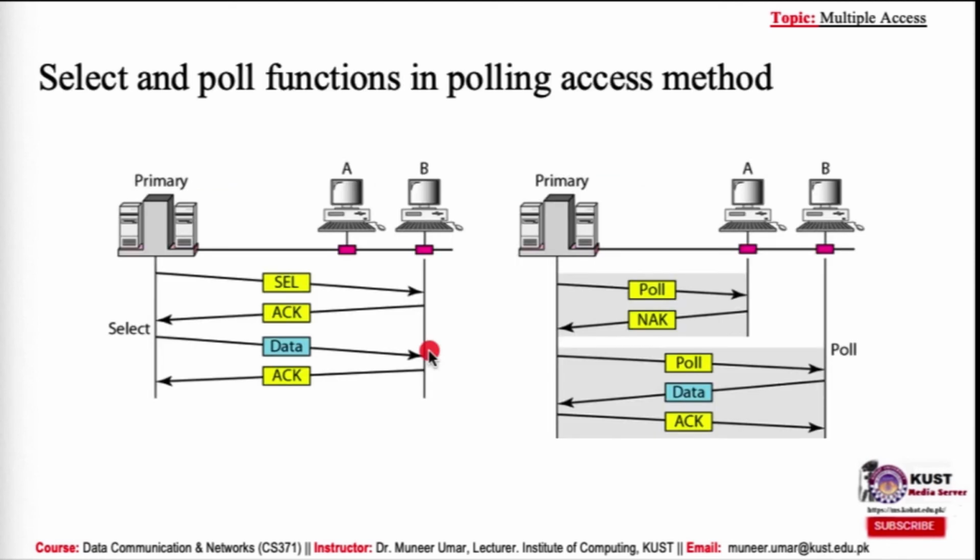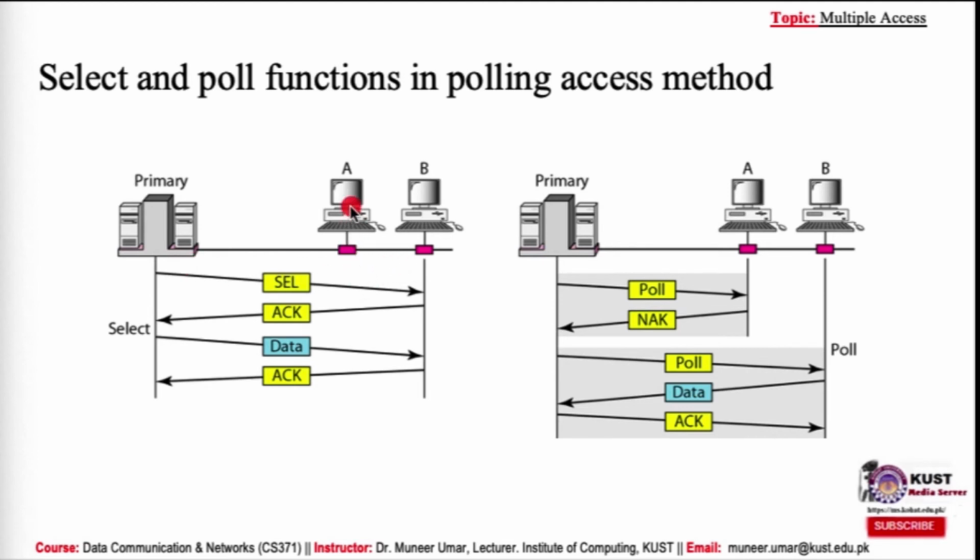The next access method is polling. Polling works with topologies in which one device is designated as the primary station, or admin station, or we can say a powerful station. All data exchanges must be made through the primary device even when the ultimate destination is a secondary device.